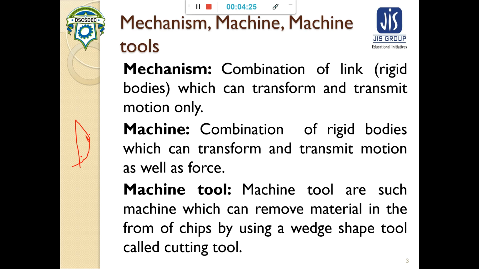In machine, what is happening? There is a combination of rigid bodies, and that body can transform and transmit motion as well as force. So both motion and force can be transmitted and transformed by a combination of rigid bodies, then it is called machine. Now what is machine tool?